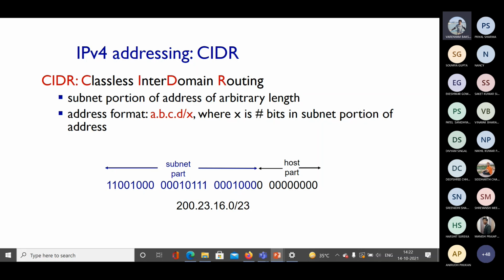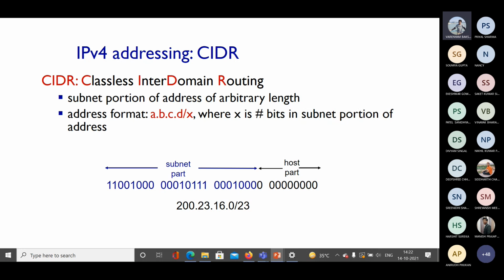I mean, after the subnet part, from whatever bits are left we get the host part. So the subnet gets its address from the ISP, and the ISP further gets the entire block of IP addresses from ICANN. That's what we have already studied.